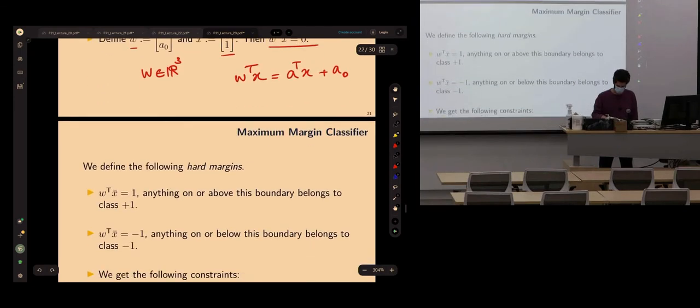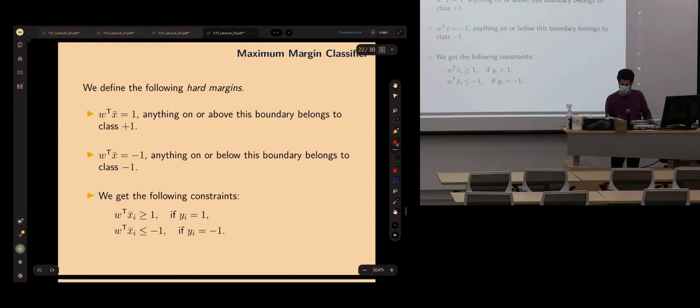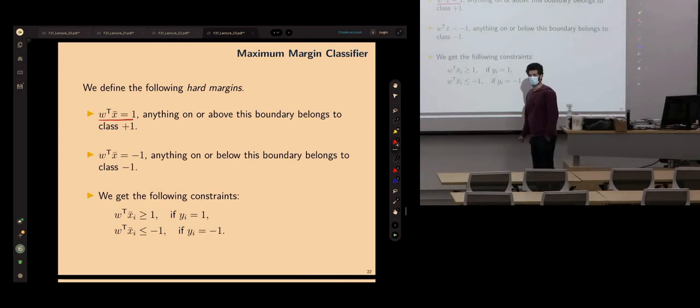Okay, with that change of notation, now I'm going to define hard margins. That's why it's called maximum margin or hard margin classifier. Define the line or hyperplane in general where this is not 0. That means it's shifted.